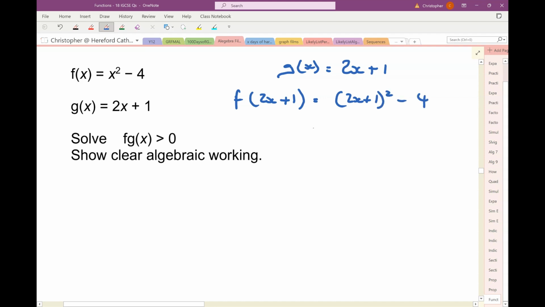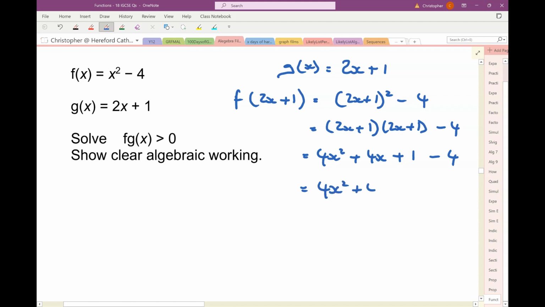Okay, let's carry on simplifying that, shall we? (2x plus 1)(2x plus 1) minus 4. 4x squared, now I'm going to have plus 2x and plus 2x, that's plus 4x plus 1 minus 4. Okay, so 4x squared plus 4x minus 3.